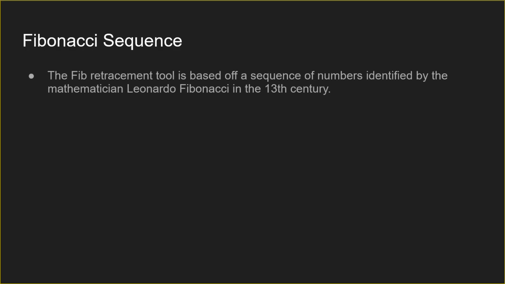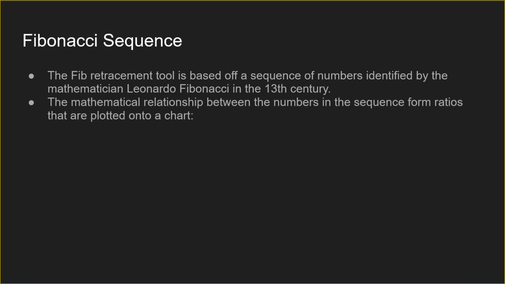So the Fib retracement tool is based off a sequence of numbers and ratios identified by the mathematician Leonardo Fibonacci in the 13th century. The mathematical relationship between the numbers in the sequence forms ratios that are then plotted onto a chart.